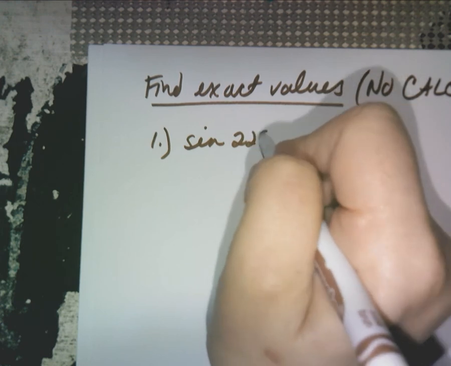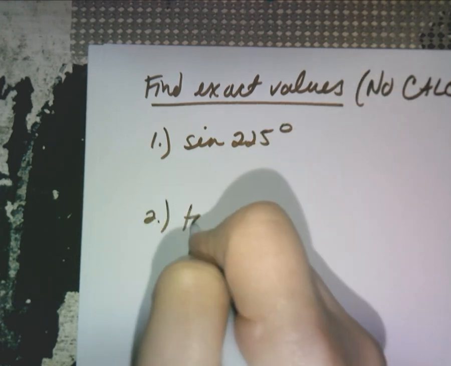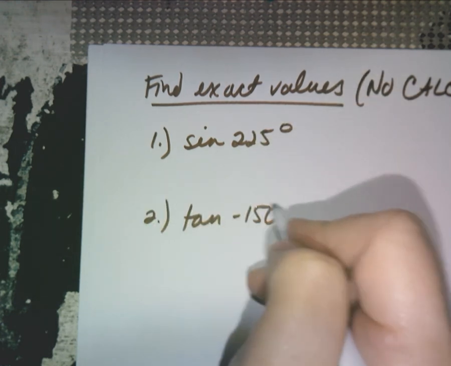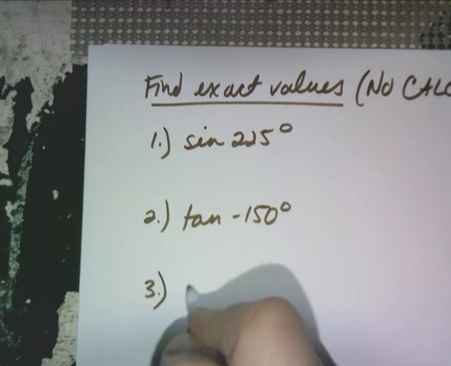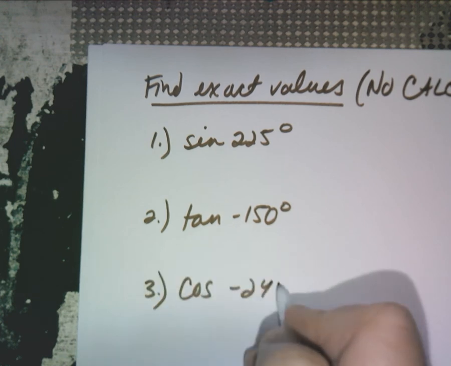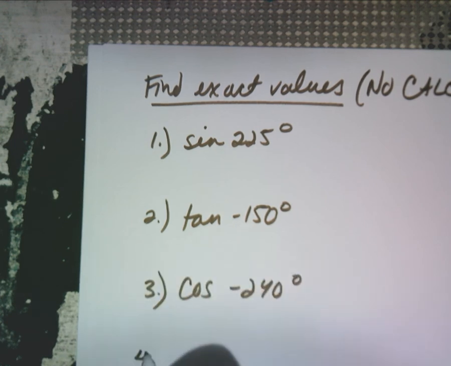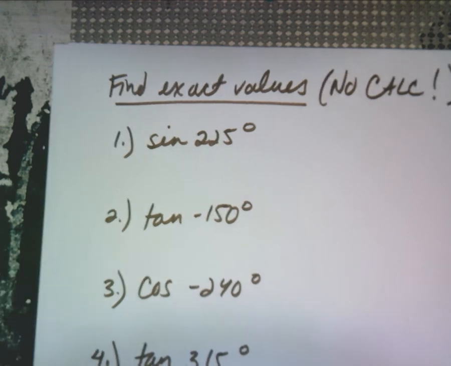Sine 225, tan of negative 150, cosine of negative 240, tan of 315. I'll put these other ones down here. You can copy them when we get to them. We'll just start with the degrees and then we'll work our way through radians.